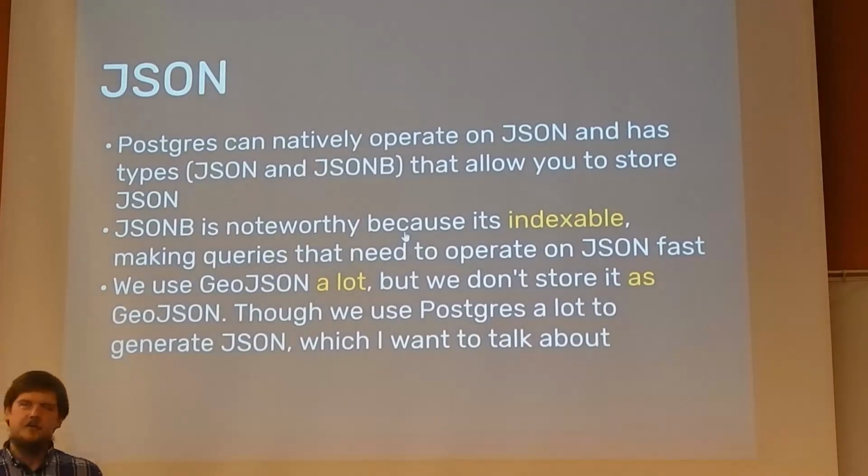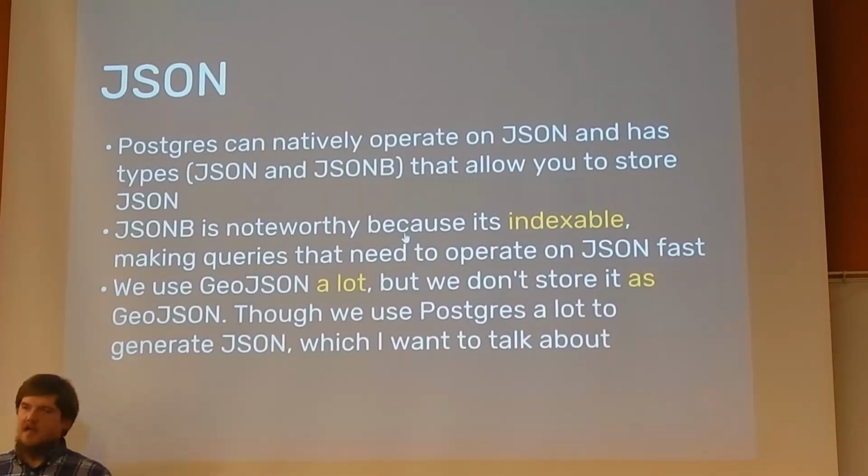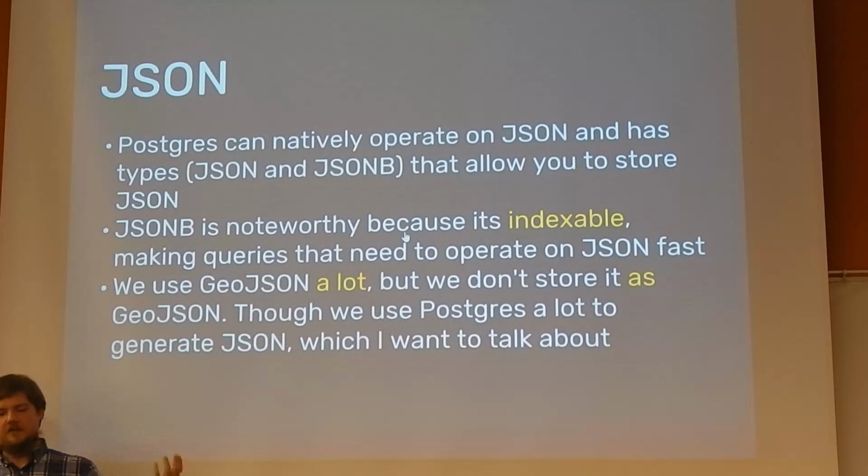But it really is a cool feature in Postgres. You have two types, JSON and JSONB, that allow you to store JSON. JSONB is great because it's indexed, so you can index anything in the JSONB like you would a normal column in Postgres, whereas with the normal JSON column you can't really do that.